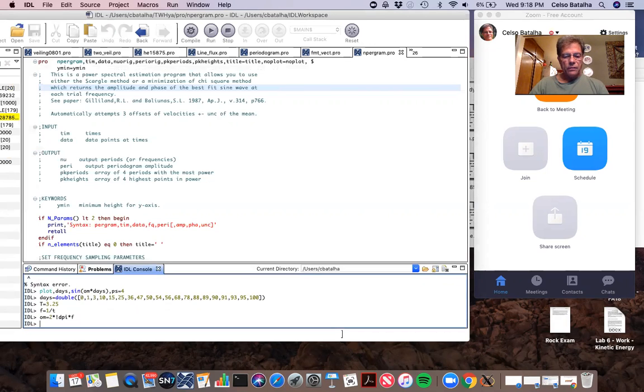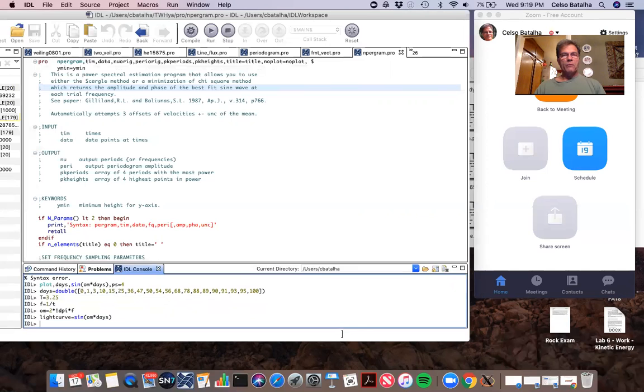So our light curve is going to be given by a sine function of omega times the days we observe, omega t, right? But t is the days that we did observation, my double precision array. Okay, so I have now my perfect star.